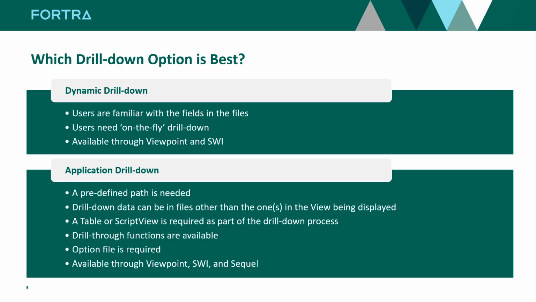You can use application drill downs with tables or script views, or even websites if you want, and that would be more considered a drill through function. We do need an option file associated with the application drill down, and we'll get into that in just a few moments. Application drill downs are available not only through Viewpoint and SWI, but also through green screen, if you will, the command line driven SQL.